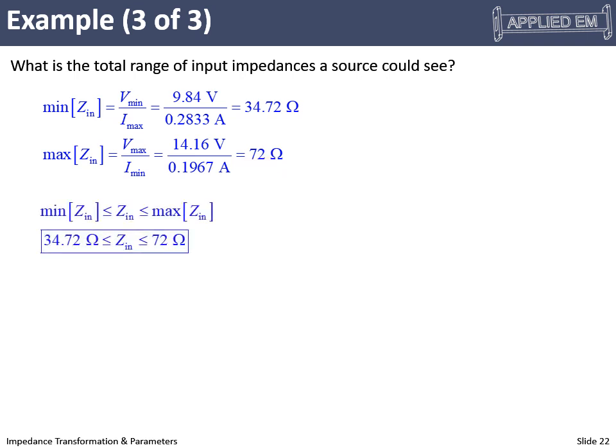That puts our input impedance in this range. And so when we're buying our generator or high power amplifier or whatever it is driving this antenna, we need to make sure that it can handle load impedances in that range. If that drifts outside the range of what our amplifier or driving circuit could handle, we're going to have problems.